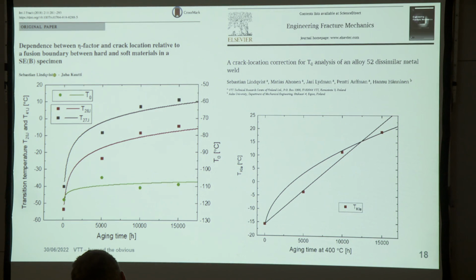But in summary, many of these results are summarized in these publications, and we investigated the different shift because of thermal aging, and fracture toughness shift gave a lower than impact toughness, and it might be connected to the arrest toughness, why there's a difference. Okay, but thank you for attention.